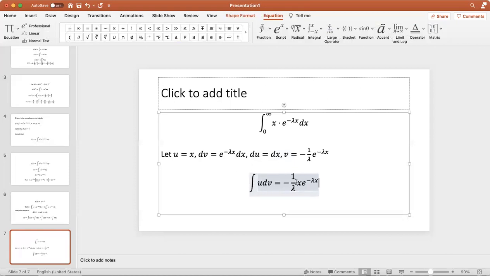So this is your uv, u times v, minus what's v du. So we need to get the integral of v, this negative lambda. Let's copy this.